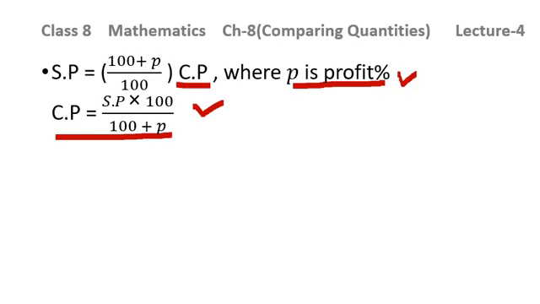If this is the relation between SP, CP and profit percent, if the profit is given to you in percentage, then you can use this formula, or you can directly use your own way also to find the required quantity.